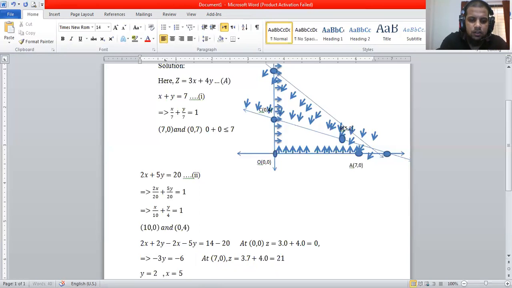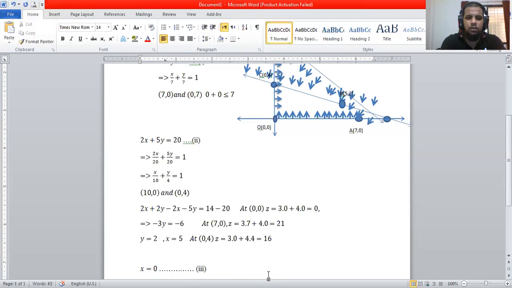Now at 0 4, z is equal to 3 into 0 plus 4 into 4, that means it is 16.